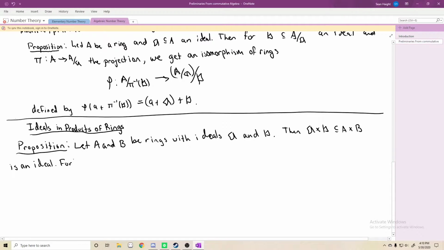Furthermore, every ideal in the product takes this form. That is, they're a product of an ideal in A and an ideal in B.